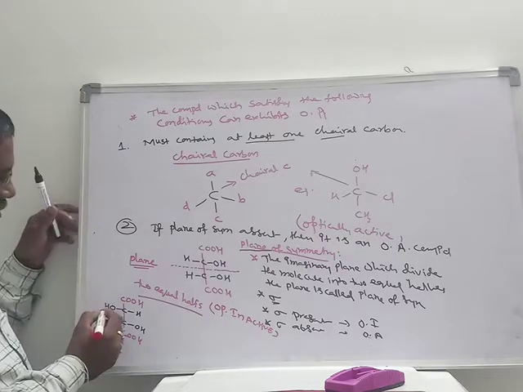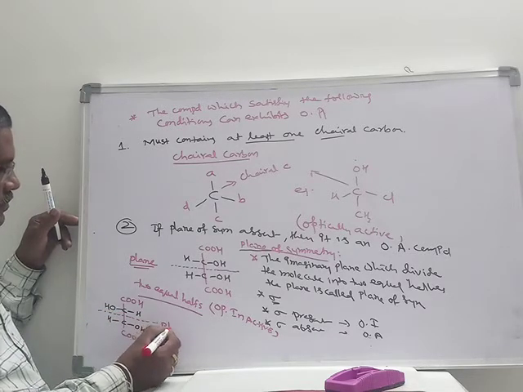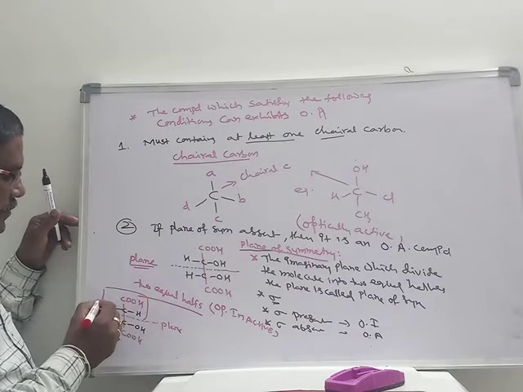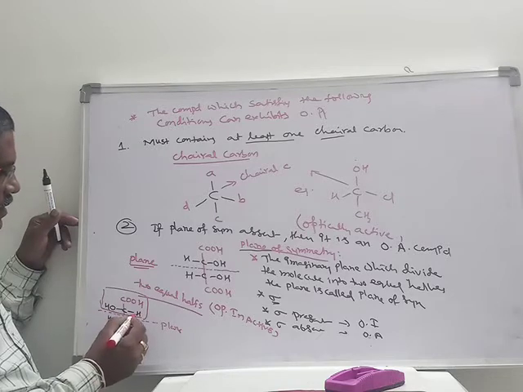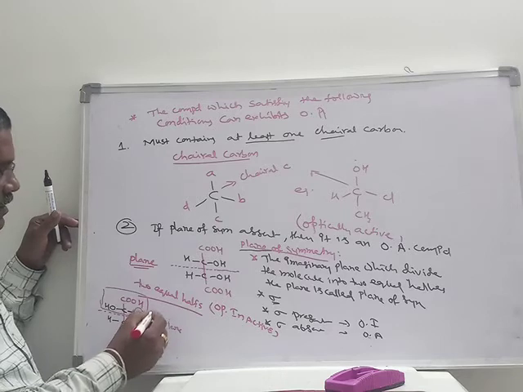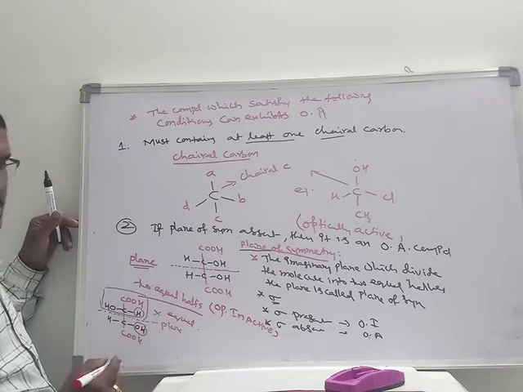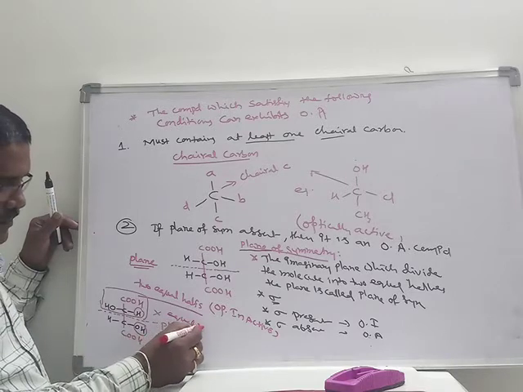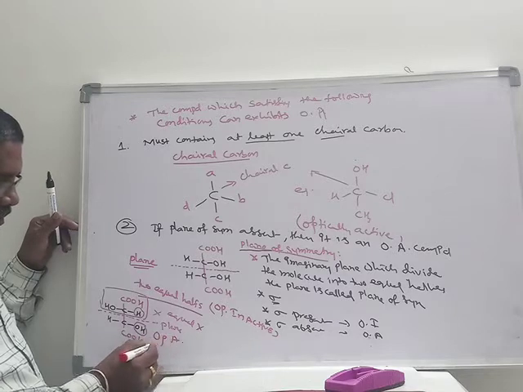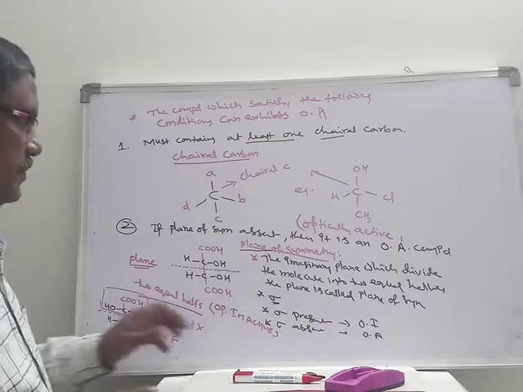When we imagine a plane, these are not two equal halves. This side is H, this side is OH. That's why these are not two equal halves. That's why this is an optically active compound. So this is plane of symmetry.